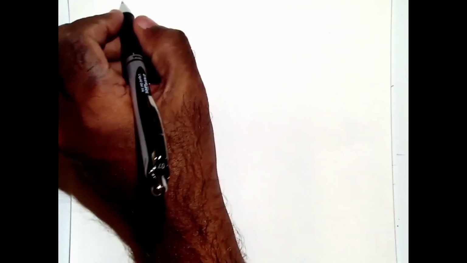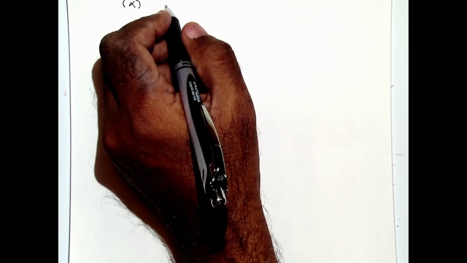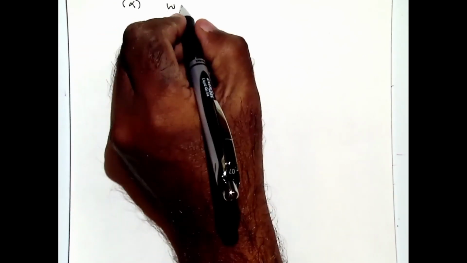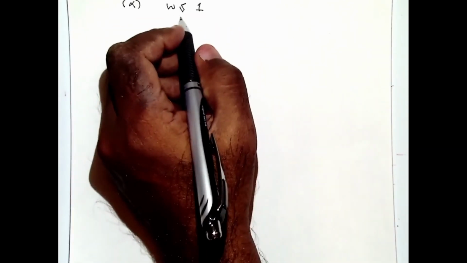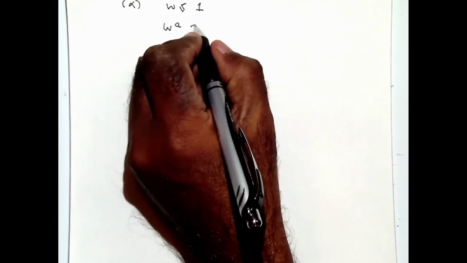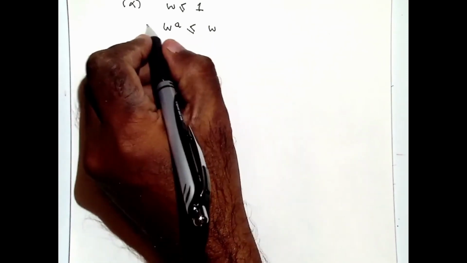All right, starting with alpha. Now, we know that w, right, is less than or equal to 1, I mean, by definition. It's a number between 0 and 1. So w power a should also be less than or equal to w.